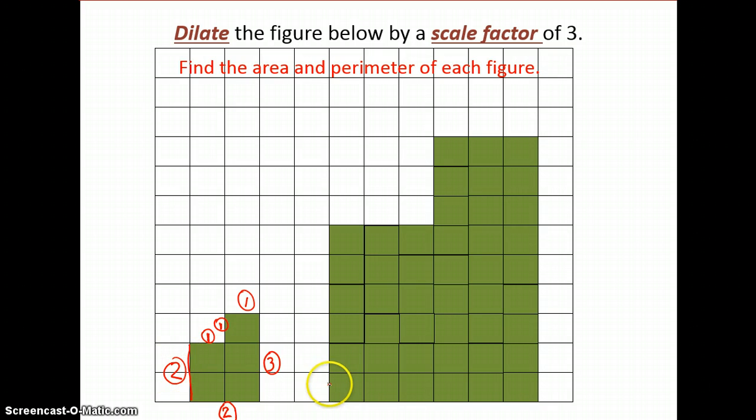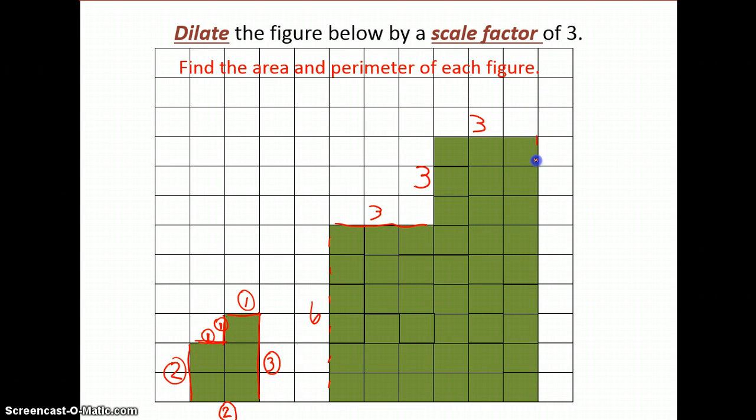So 2 times 3 is 1, 2, 3, 4, 5, 6. 1 times 3 is 1, 2, 3. 1 times 3 is 3. 1 times 3 is 3. So this is how I'm enlarging my figures. I'm going piece by piece, length by length, and multiplying it by the scale factor.